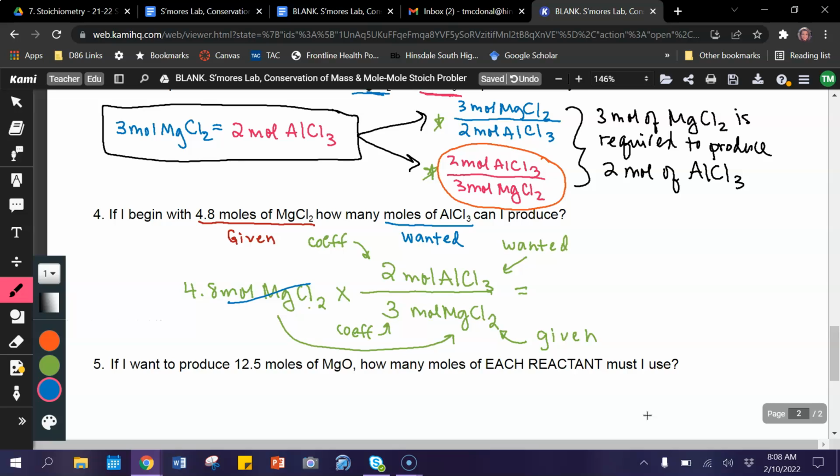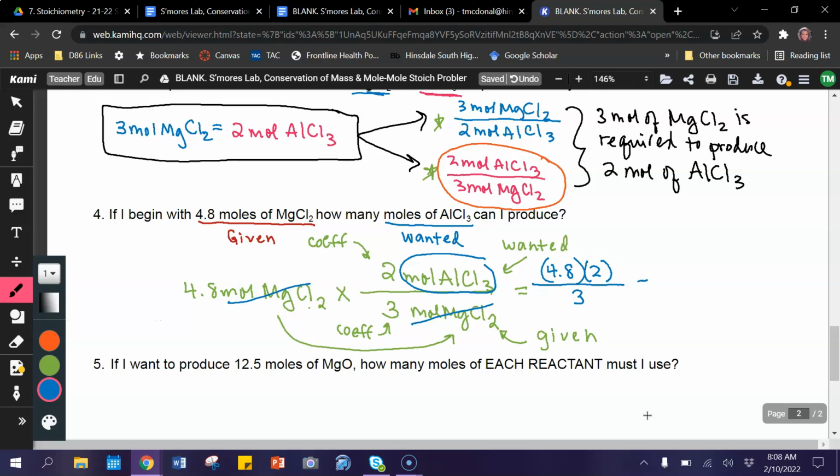So cross out moles of magnesium chloride, and look, we're left with exactly what we wanted, moles of aluminum chloride. So to punch this in your calculator, you're going to do 4.8 times 2, hit your equal sign, hit your division sign, and then divide by 3.